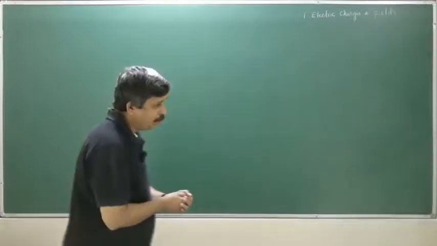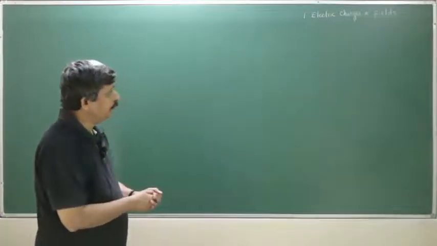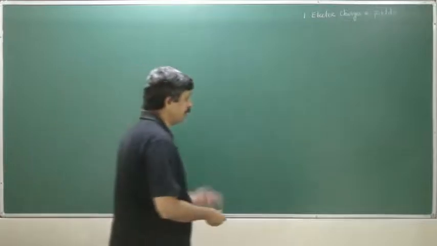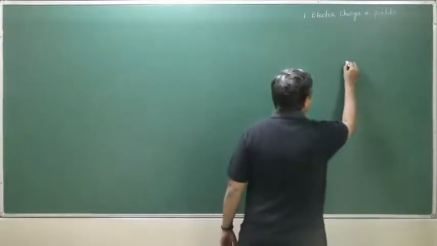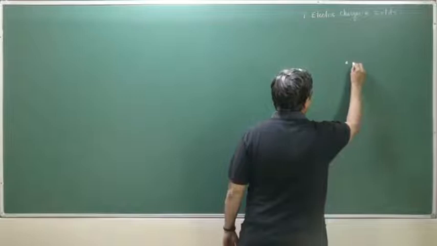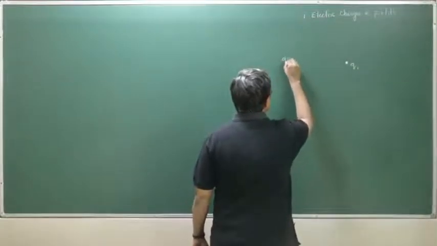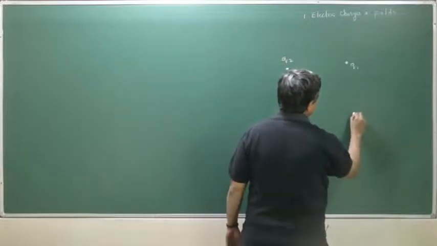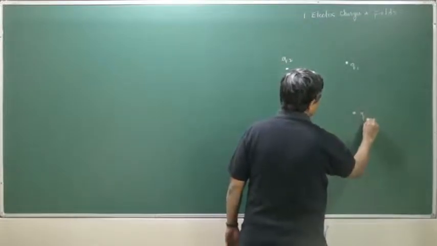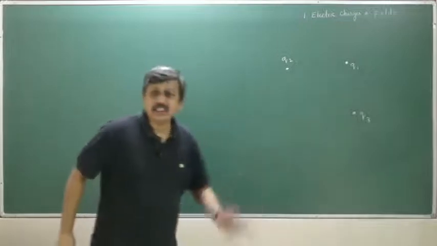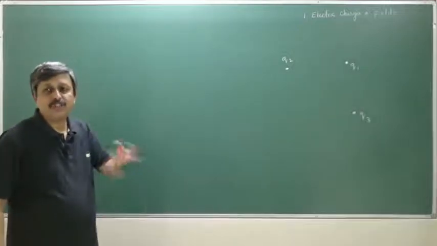Let's take, for example, a situation of multiple charges. Let us say this is charge q1 and this is charge q2, and another charge, let us say q3. There are three charges here. Always we took two charges to start with.